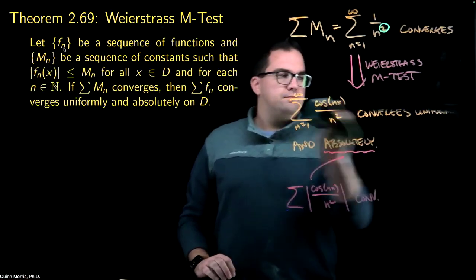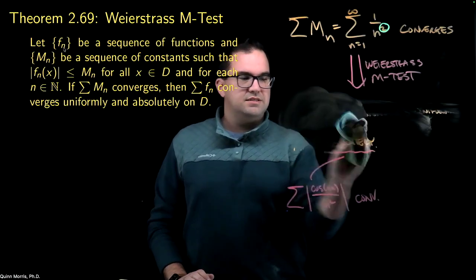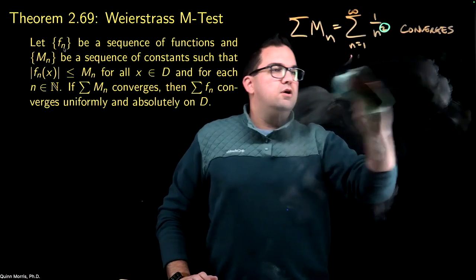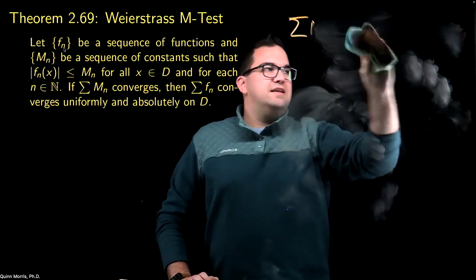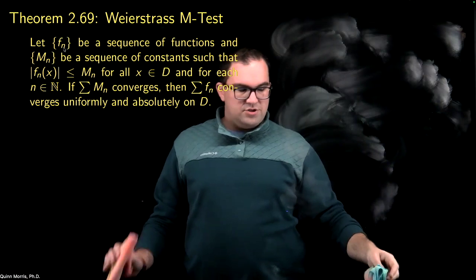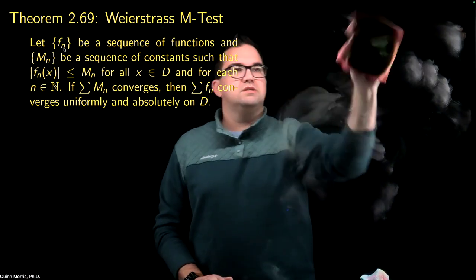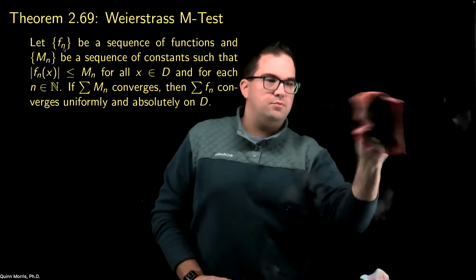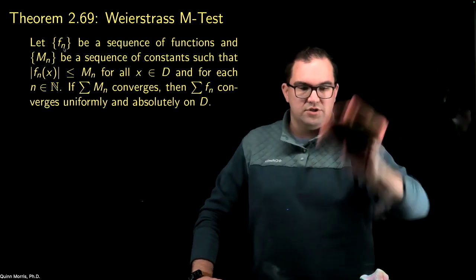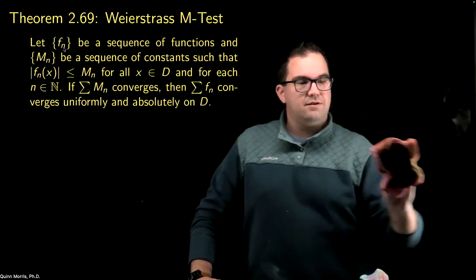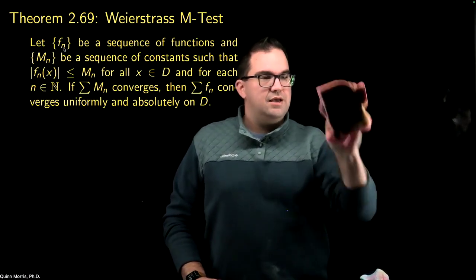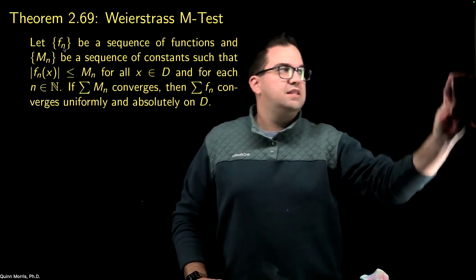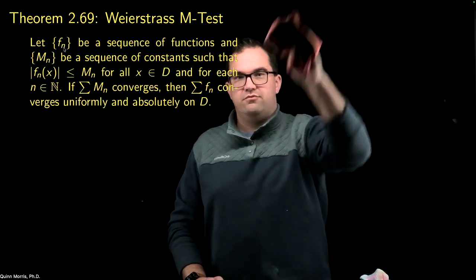The nice thing about this theorem is it allows us to convert a question about convergence of a series of functions into a question about convergence of a series of real numbers. And for a series of real numbers, we have many tools at our disposal. In fact, the one that I want to use here is one we haven't used in a little while. It's the Cauchy criteria for convergence.